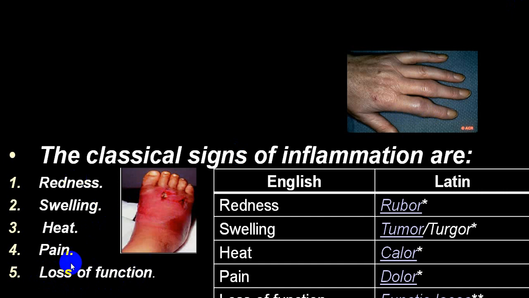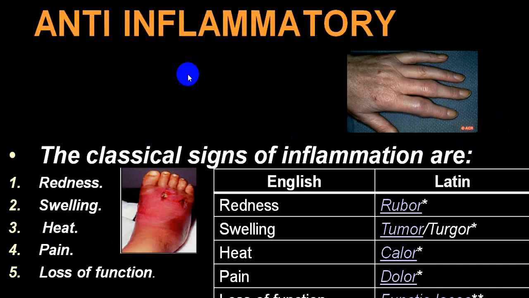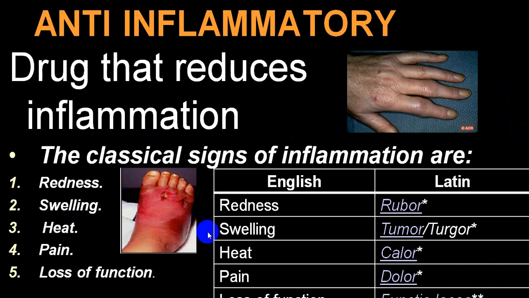When all these five things are present, we call those the signs of inflammation. You can see this is inflamed. These joints are swollen, and if you examine, they will be warm, there will be tenderness, there will be a little redness, and there will be loss of function. So anti-inflammatory will act at that level.